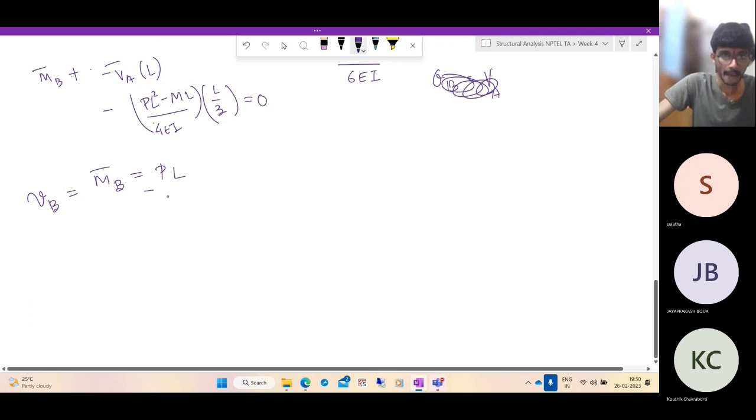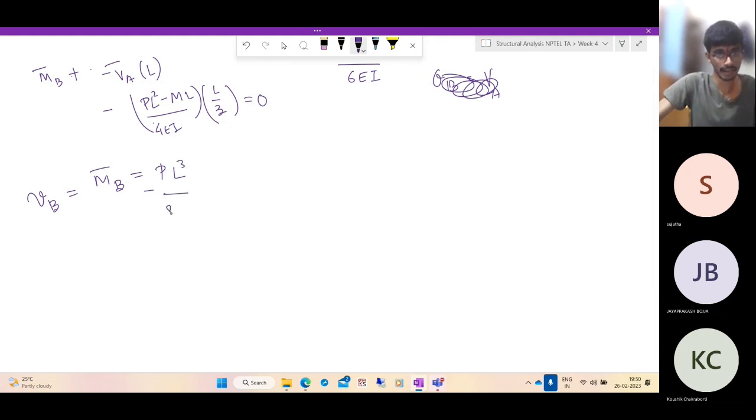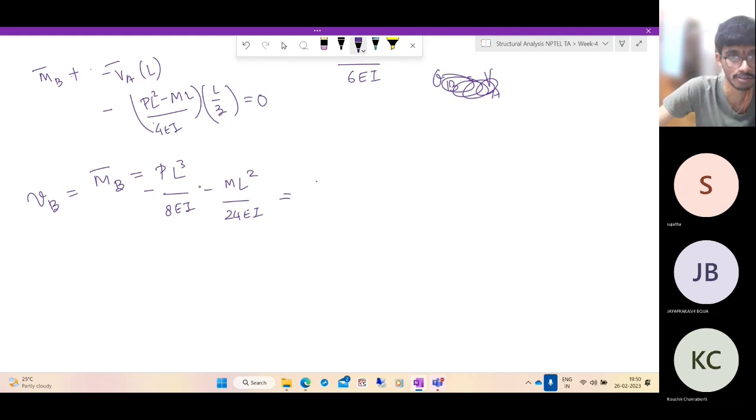Minus PL cube by 8EI minus ML square by 24EI. So if you again plug in the values, PL cube by 8EI will be, P is 20, L cube is 8, again 2 into cube is 8, so you'll get 20 by EI.